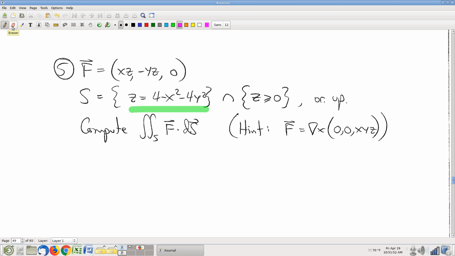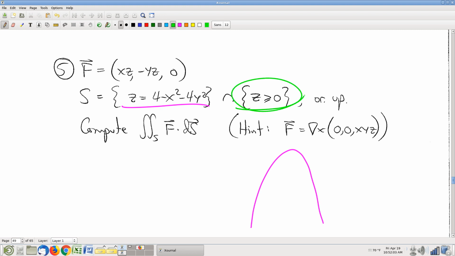Let's draw it here. This is an upside down paraboloid. We're looking at the part where z is greater than or equal to 0. So that's what we're actually interested in. There's our surface right there.